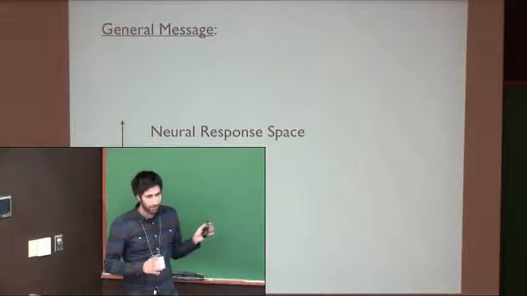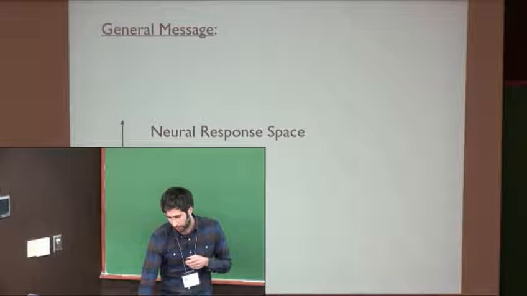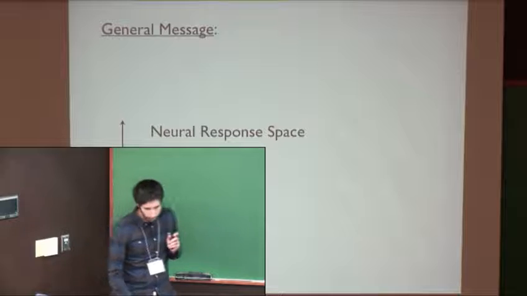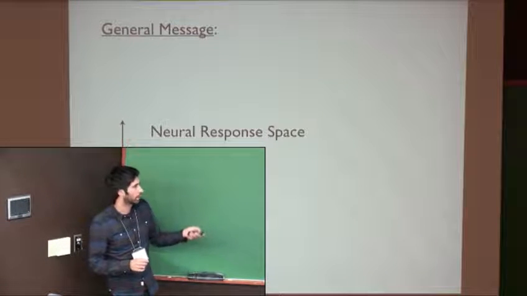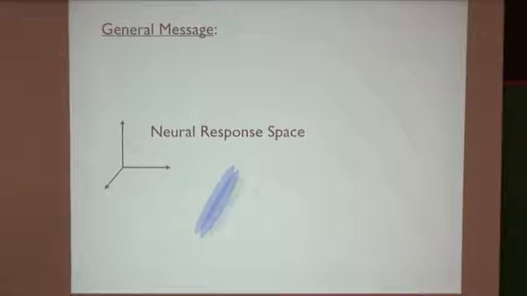So there are a lot of specific results in that paper that are quite technical. The general picture, though, I think is quite intuitive, and it's the following. We'll consider the abstract space of neural responses, and consider the set of responses to some particular stimulus, shown here in blue. And then we'll consider the responses to another stimulus, and another stimulus, another one, and another one.